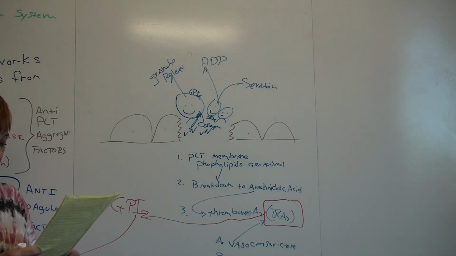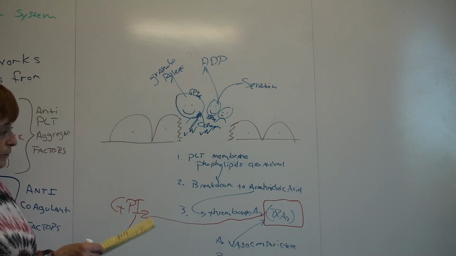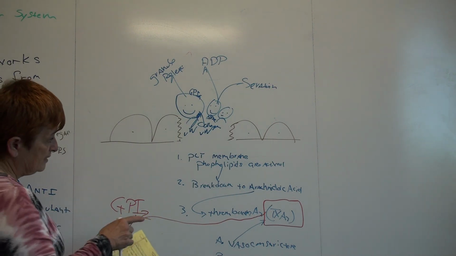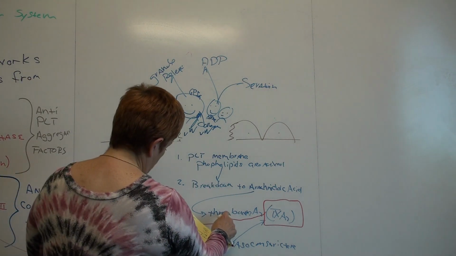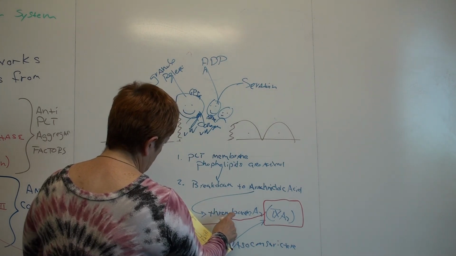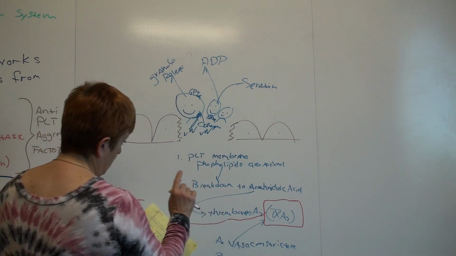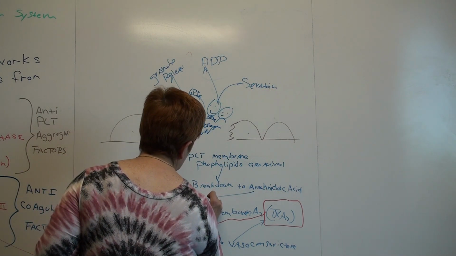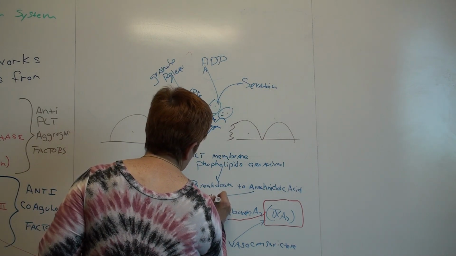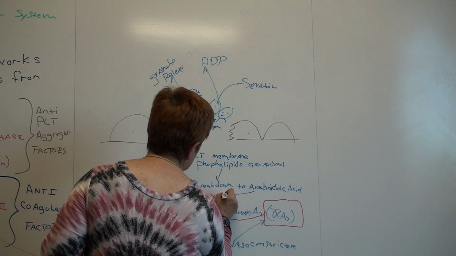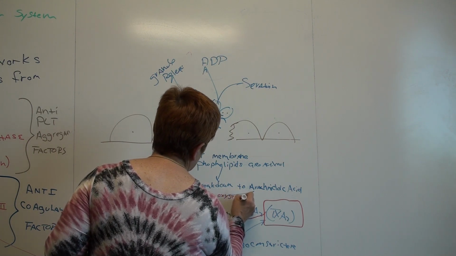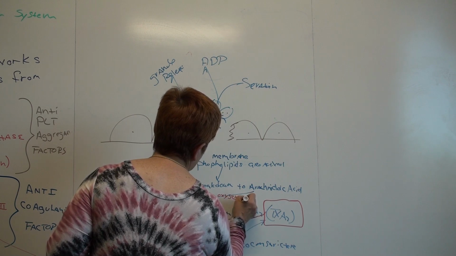Aspirin. Okay, now, in order for me to get my arachidonic acid to thromboxane A2, I need an enzyme called cyclooxygenase. And again, that's an enzyme.